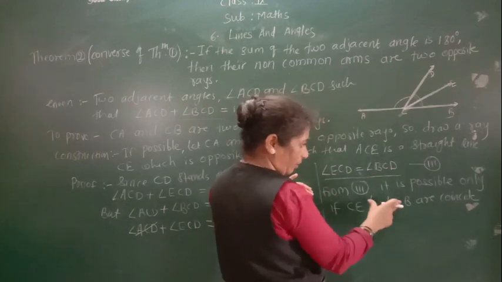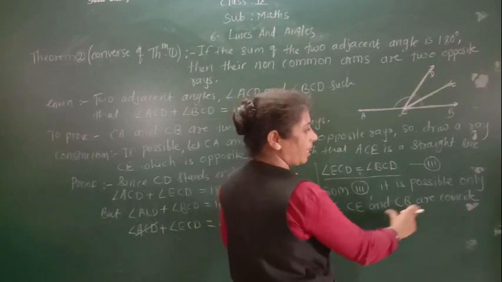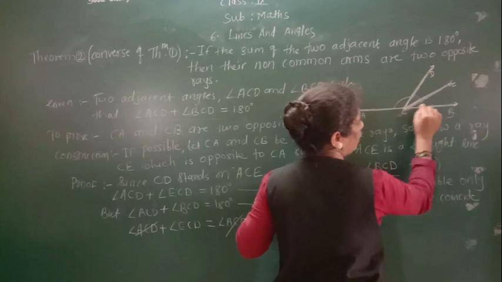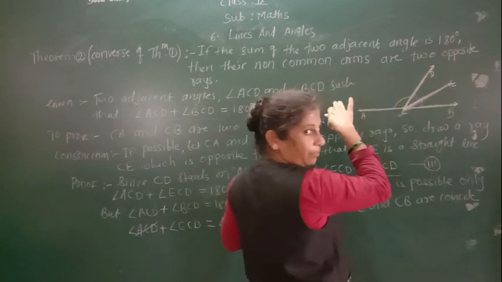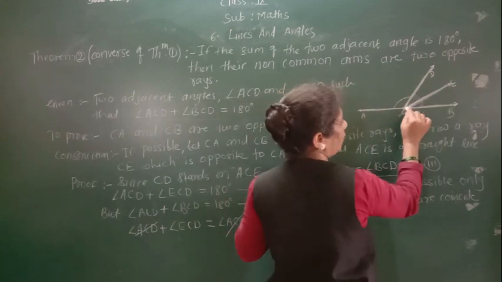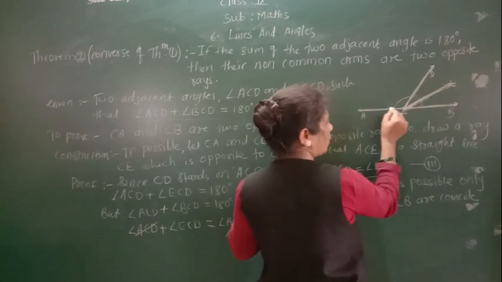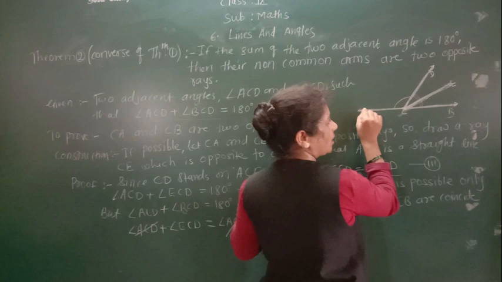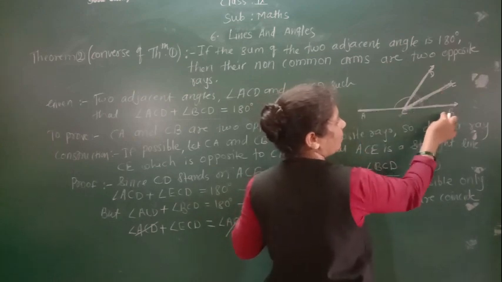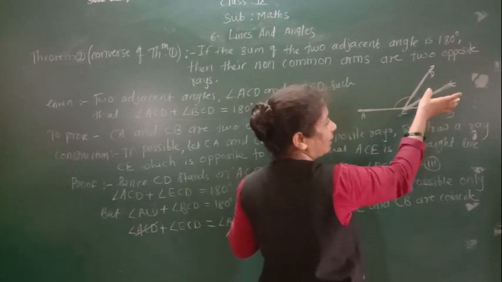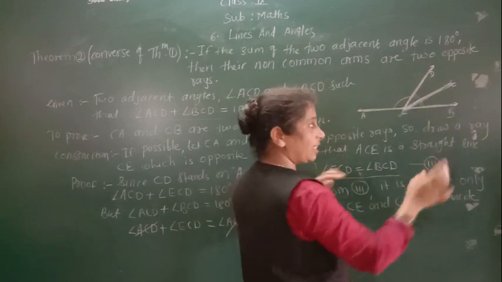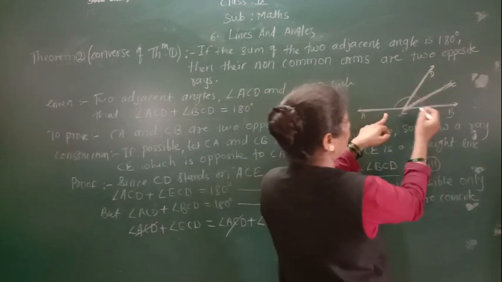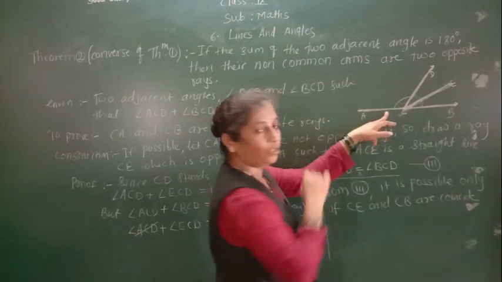From this statement we have got that CA and CB coincide, meaning CA, CE and CB coincide. In the previous statement, in the construction, we took CE opposite to CA. So if CE is opposite to CA, and CE and CB are the same, they are not different rays, they are the same ray. So if CE is opposite to CA, then CB is opposite to CA.